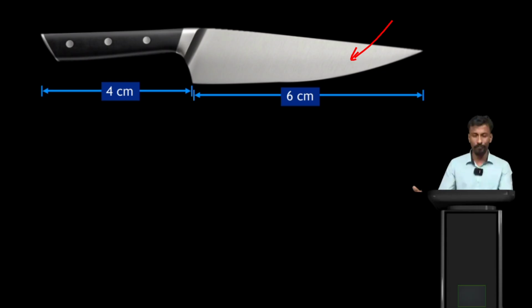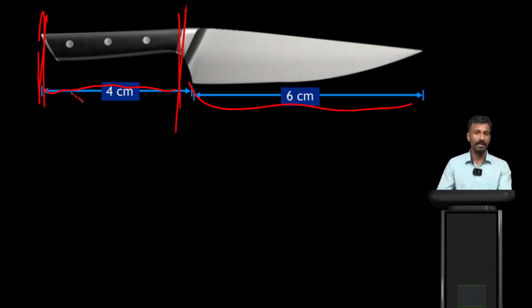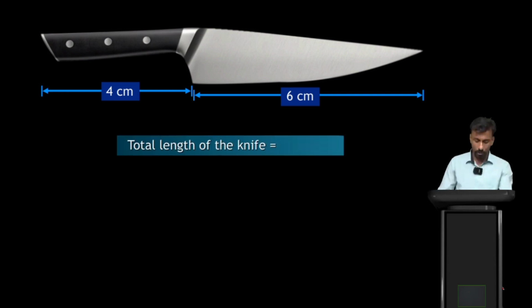So now what is this? That's a knife, all of you know. The size of the handle is equal to 4 centimeter and the remaining part is 6 centimeter. You can see it on the screen. Now I am asking you the question: what will be the total length of the knife?